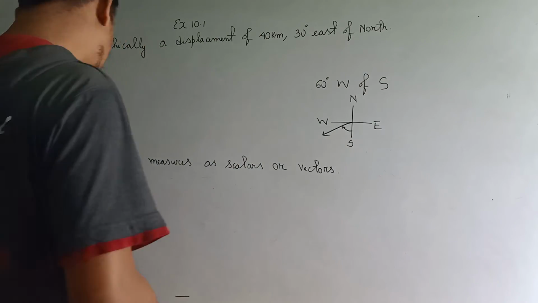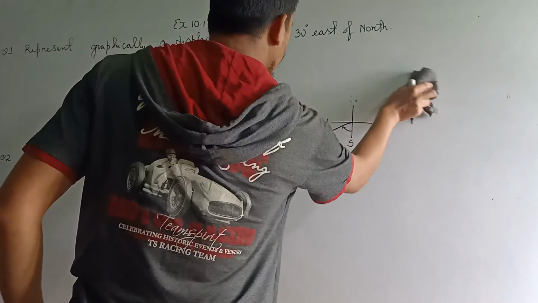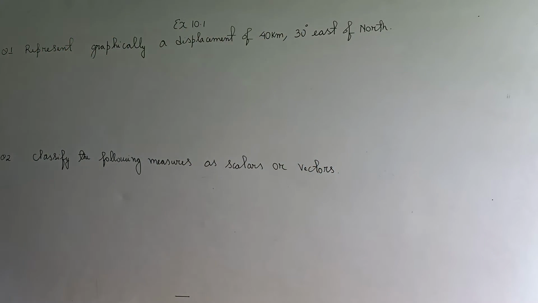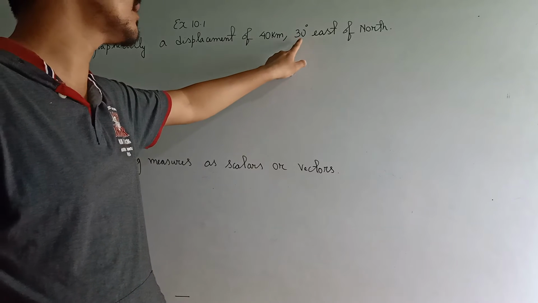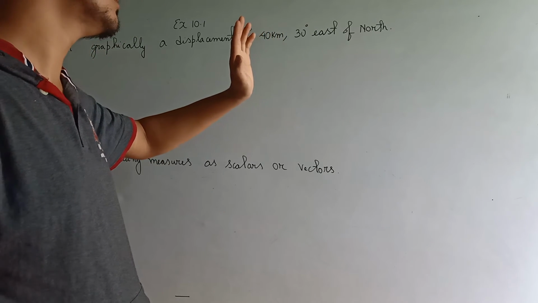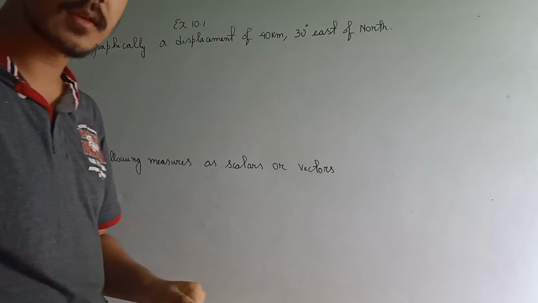Is it okay? So here the magnitude of the displacement is 40 kilometer and the direction of the displacement is 30 degree east of north. So from north we are going to go 30 degree towards east.